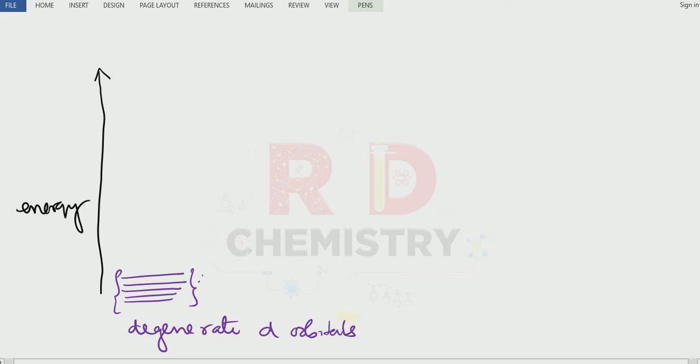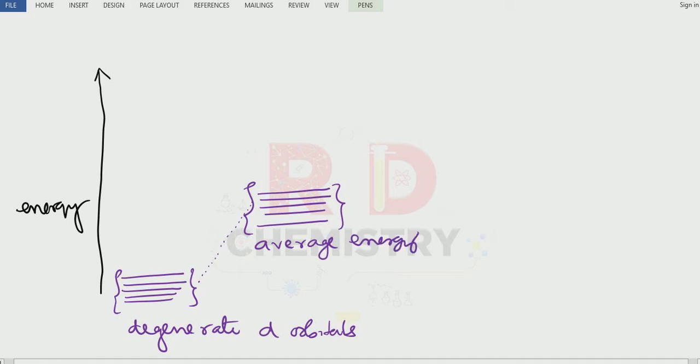When the ligand approaches the central metal atom, some will repel, some will not repel much. Therefore, we take the average energy of the d orbitals, which is also called the barycenter. So let this be the average.